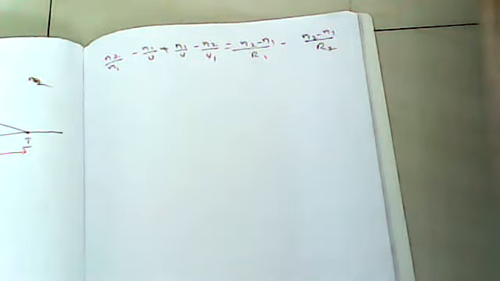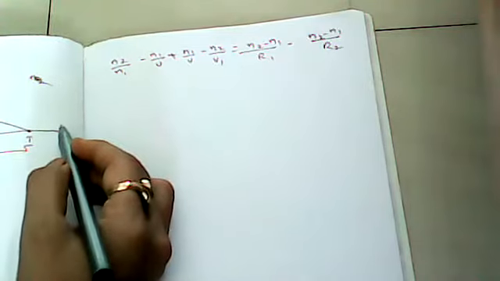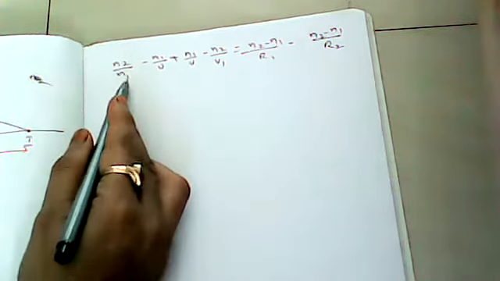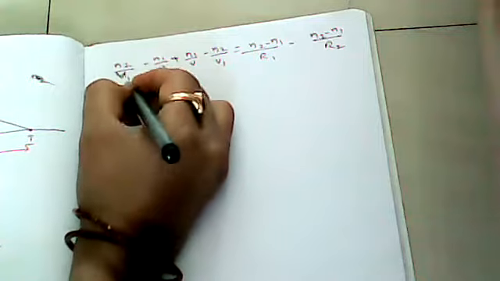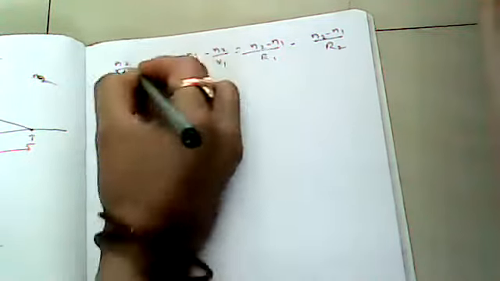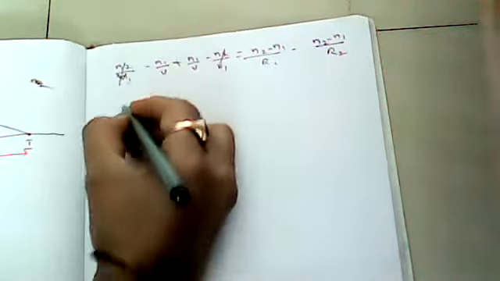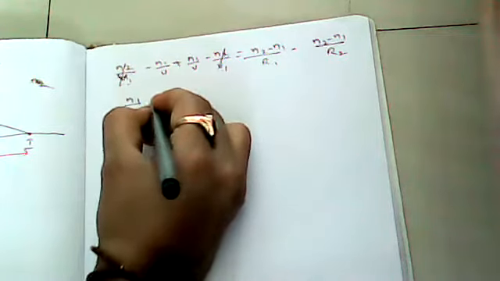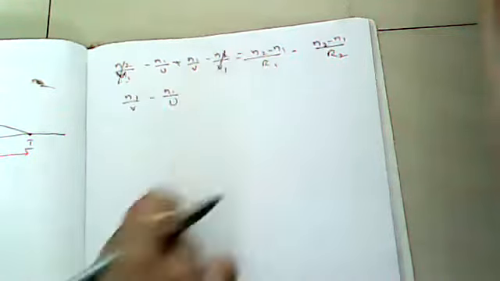Okay, right. So by adding these two we'll get this. So ಏನ್ ಬರ್ತದೆ ನೋಡಿ ನಮ್ಗೆ? N2 by V1 and N2 by V1 get cancelled. What we get is N1 by V minus N1 by U.